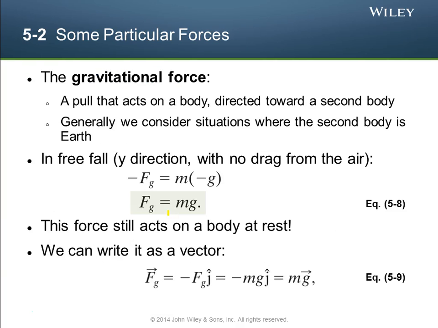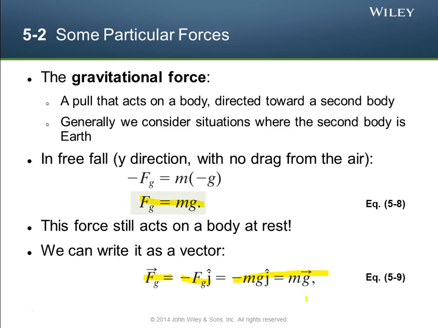So let's look at a couple particular forces that we know. Force of gravity, we know that's m times g, and we're going to use the notation F sub g, sub baby g there, to know that it is the force of gravity, and this is a vector. And we know this is always towards the center of the Earth, so if we use our typical Cartesian coordinate system, it's just negative mg j hat.